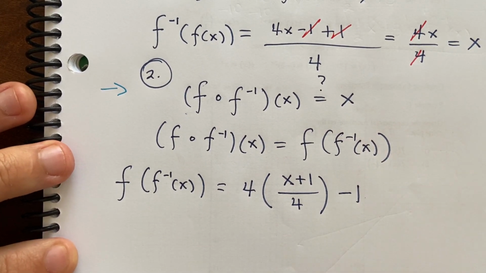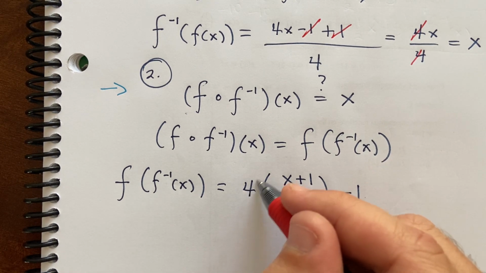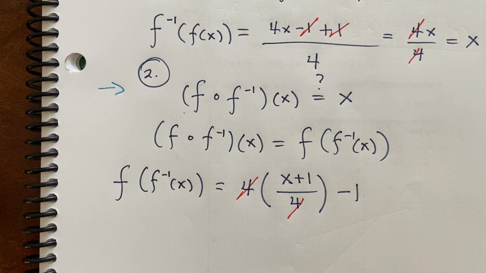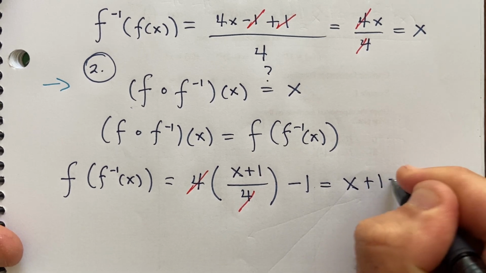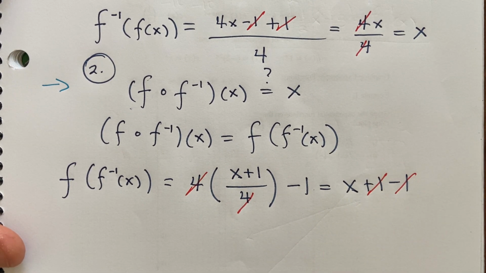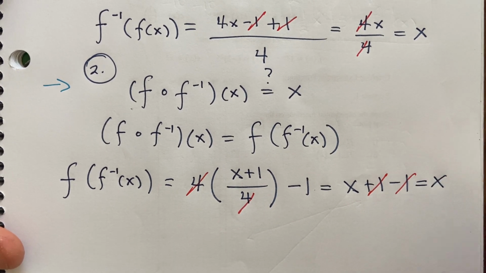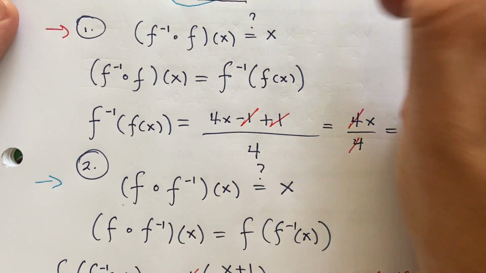And then I still need to subtract 1. So when this multiplication occurs, these 4's cancel. And we're left with x plus 1 minus 1. Then these 1's cancel, and we get x. So that's a good verification here.